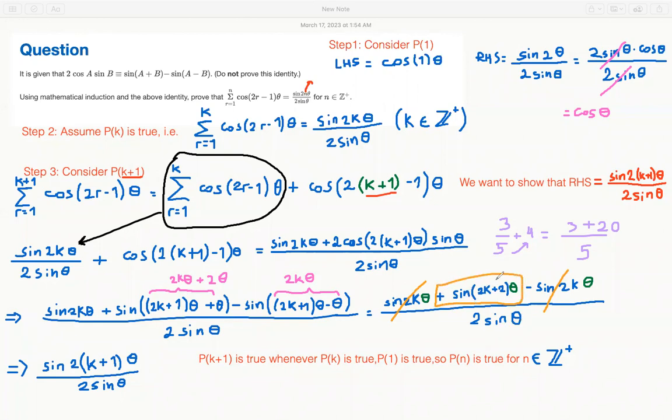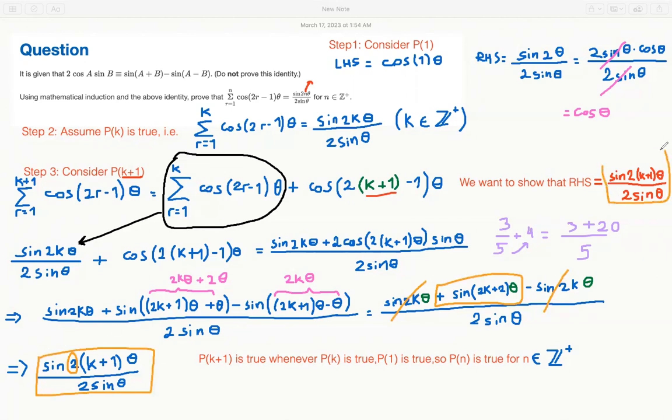In this type of question, always remember you can move the 2 outside; if it was 3, you can move 3 outside. So I move 2 outside, and inside I get (k + 1)θ. So the proof is done, because we just showed it's the same as this one over here.